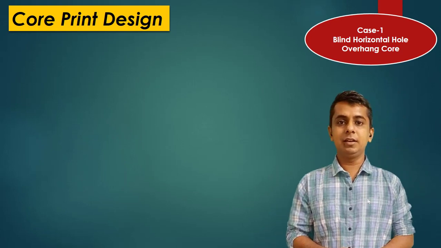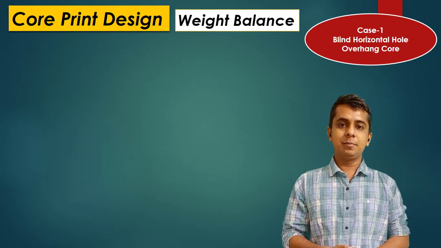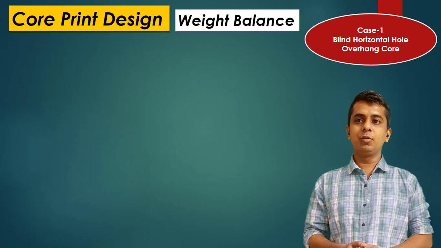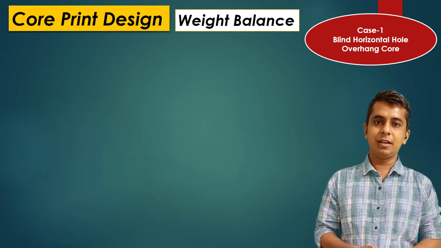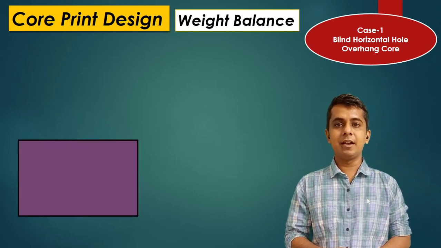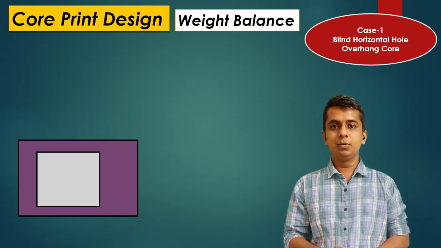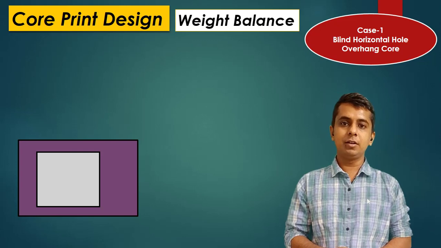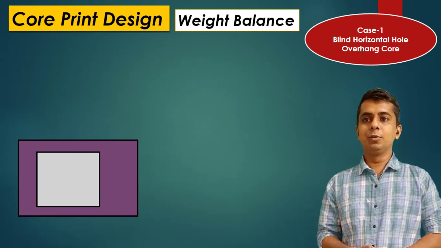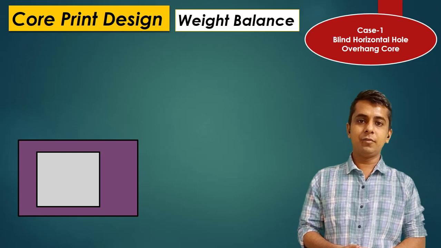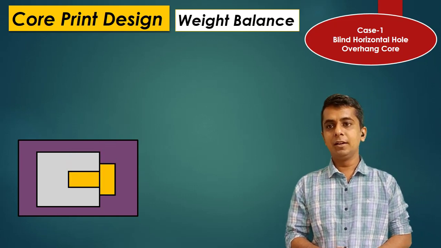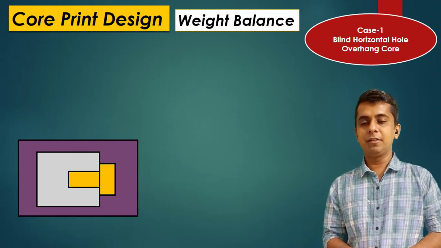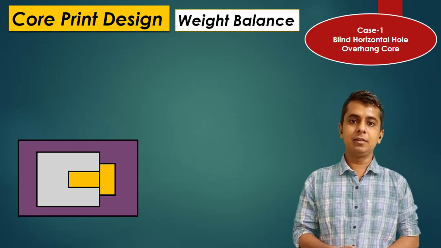One of them is weight balance. Suppose you have a cavity as shown here inside a sand mold, and you need to create a blind horizontal hole. So the core will be of overhang type, and the core and core print can be placed as shown here in yellow color.